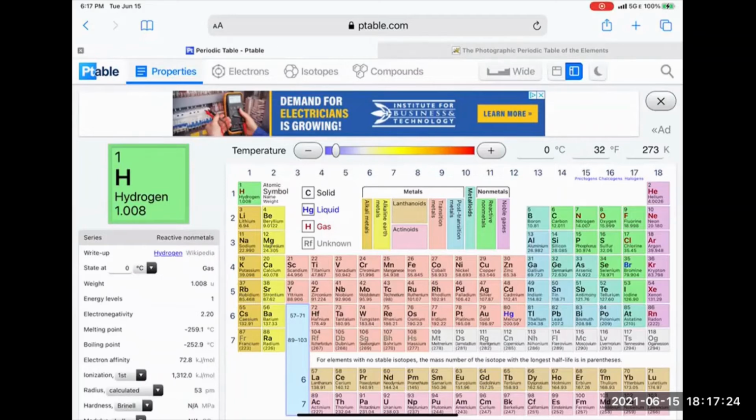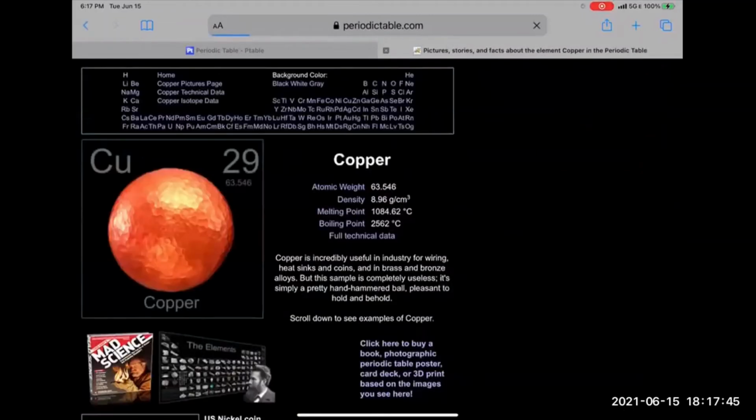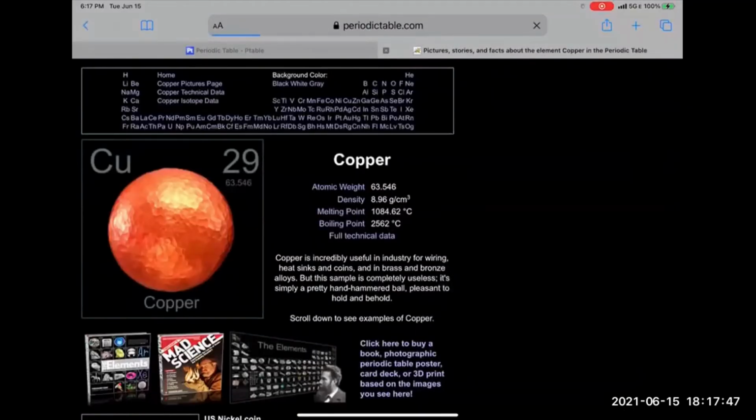So this periodic table is showing the arrangement of atoms in an order. But before that, let's look at some very interesting things in nature about these elements. For example, let's look at copper. What are the properties of copper? What do you see here?